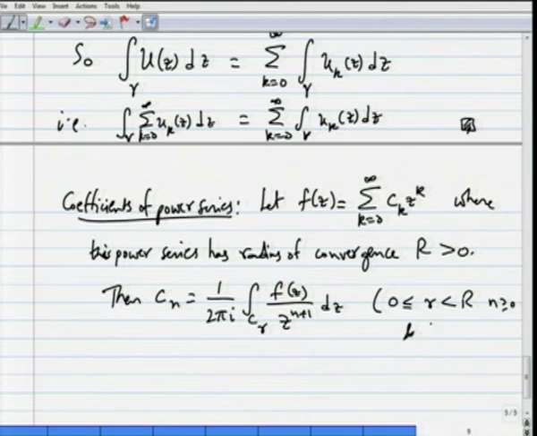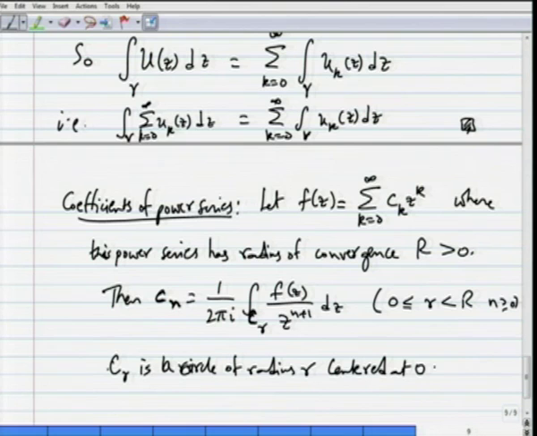There is a clash of notation, so this is little c n and this is capital C r. Capital C r is a circle of radius r, the contour, a circle of radius r centered at 0 and oriented positively.